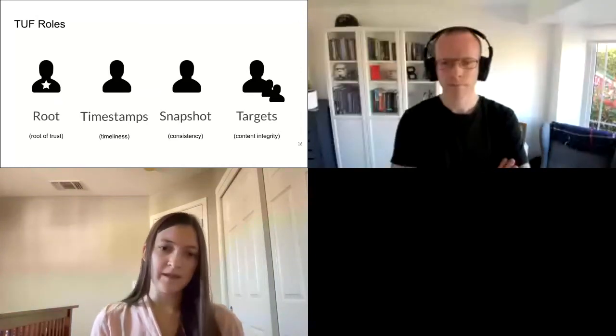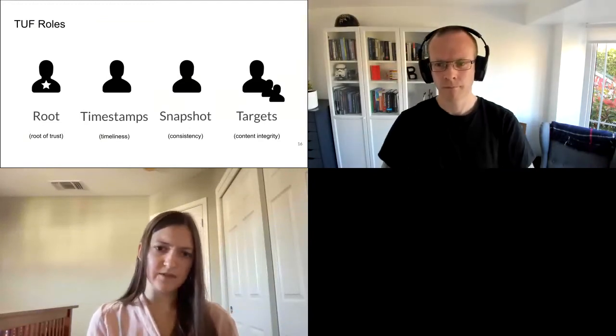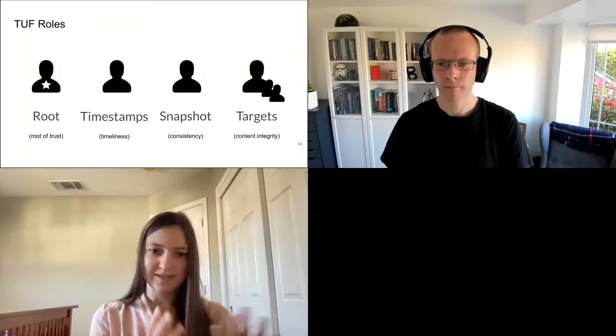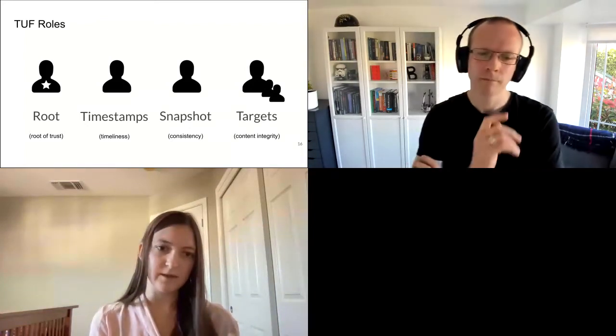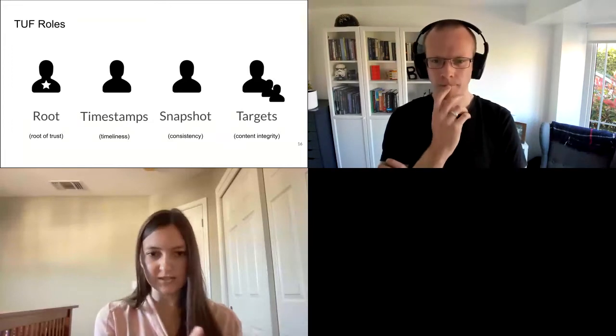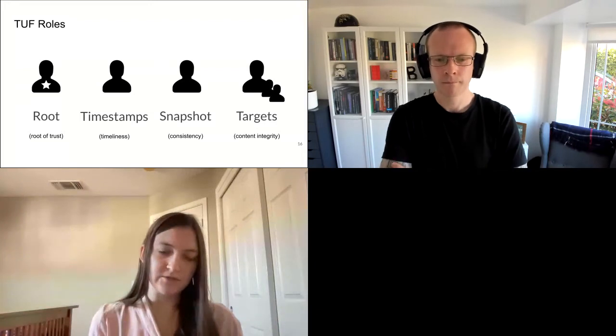The root role is the root of trust for the whole system. This is the most important, most secure piece of the system, and it's the one thing you have to actually establish trust in, and then from there you can chain trust and bootstrap the trust for the rest of the system.